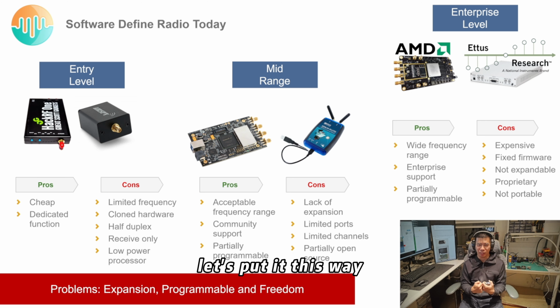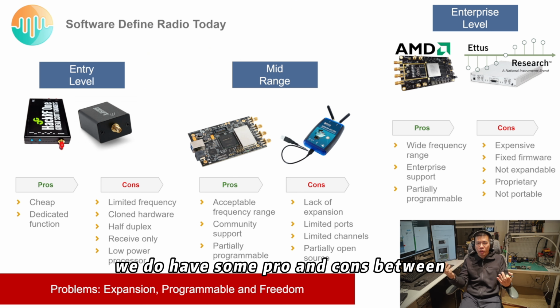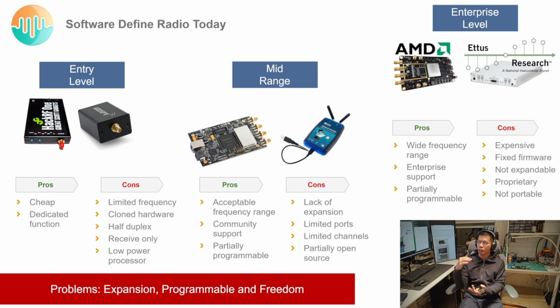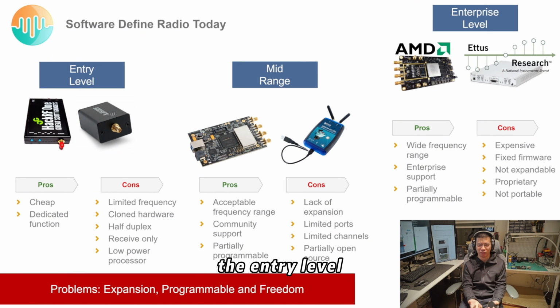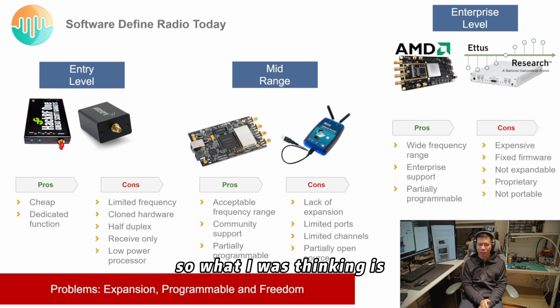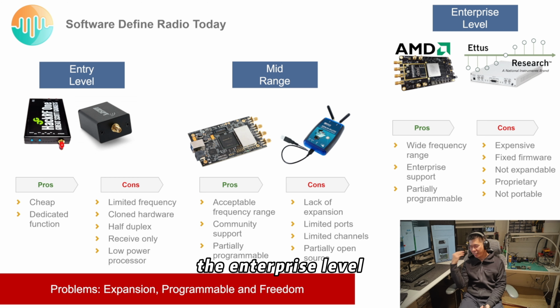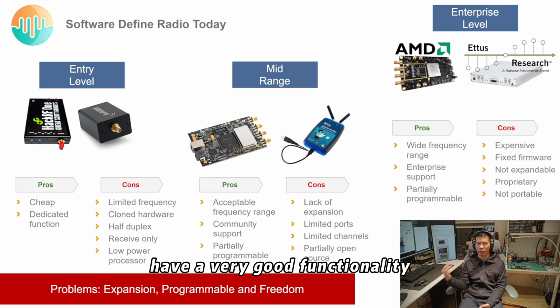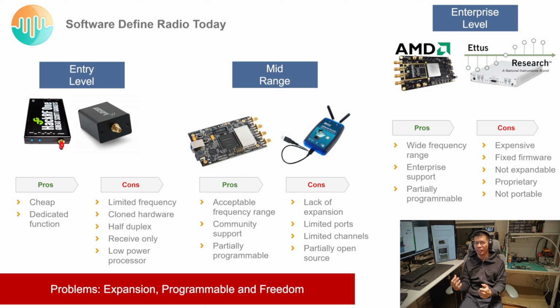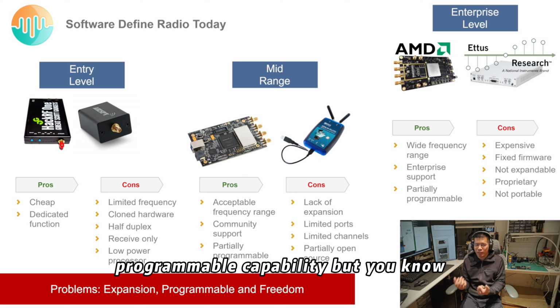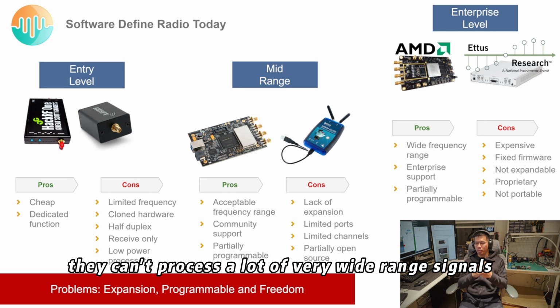Let's put it this way. We do have some pros and cons between the enterprise level, the mid-range level, and the entry level. The enterprise level has very good functionality. They don't have a very strong programmable capability, but they can process a very wide range of signals.